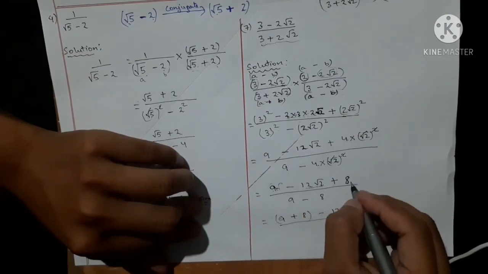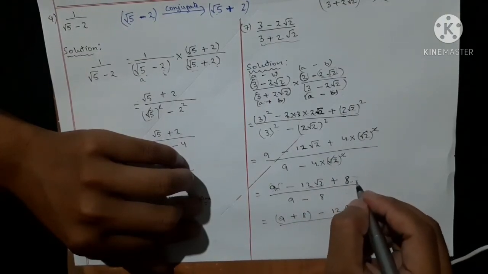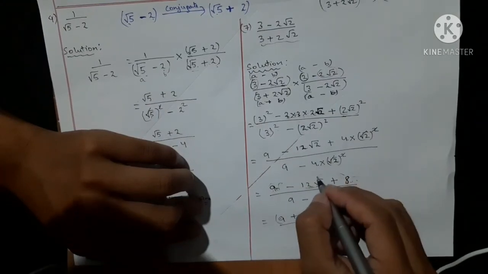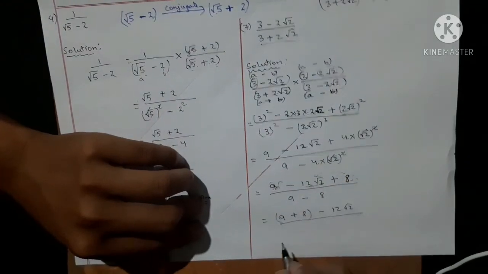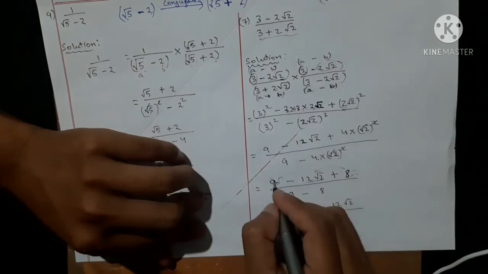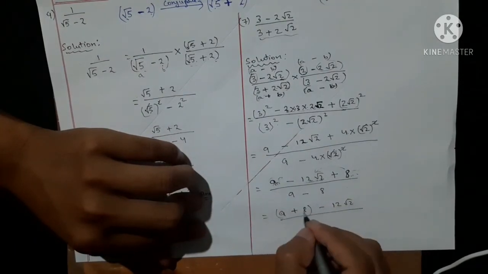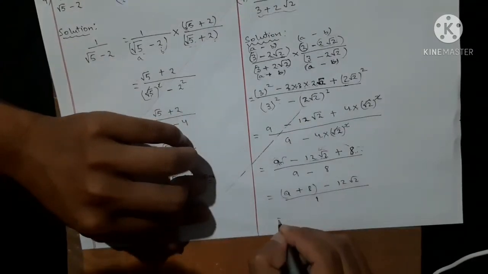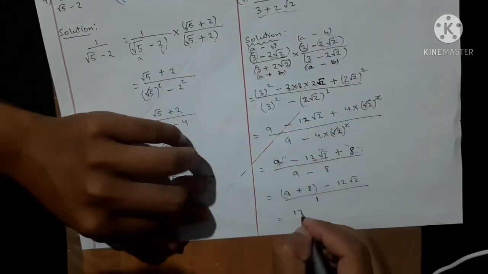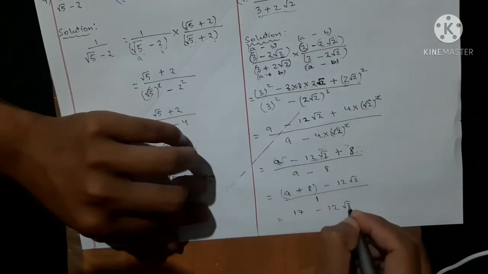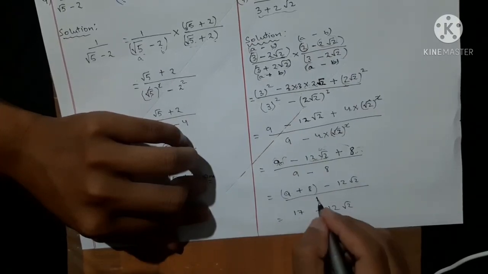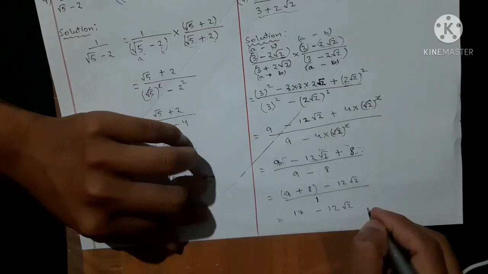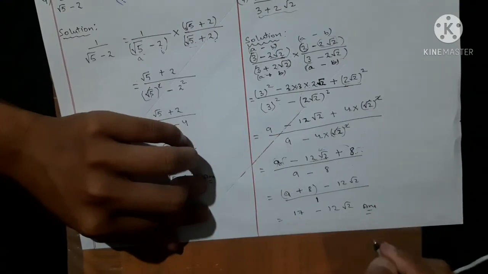Similarly 8 does not have any square root 2, so we do not add 8 with 12 square root 2. We add 8 with 9. So 9 plus 8 equals 17, minus 12 square root 2, and the denominator is 9 minus 8 equals 1. Since the denominator is 1, we do not write it, and this is the required answer.